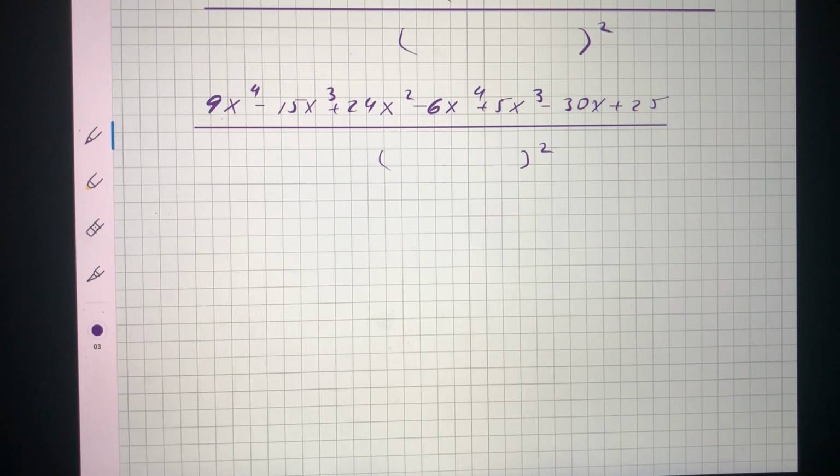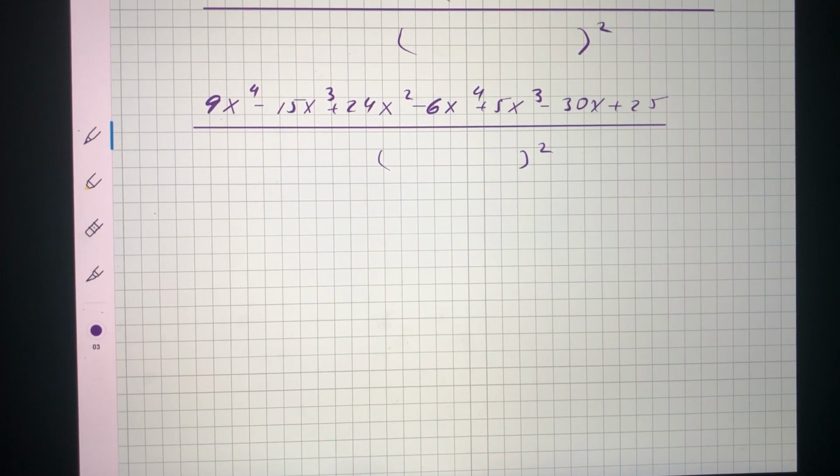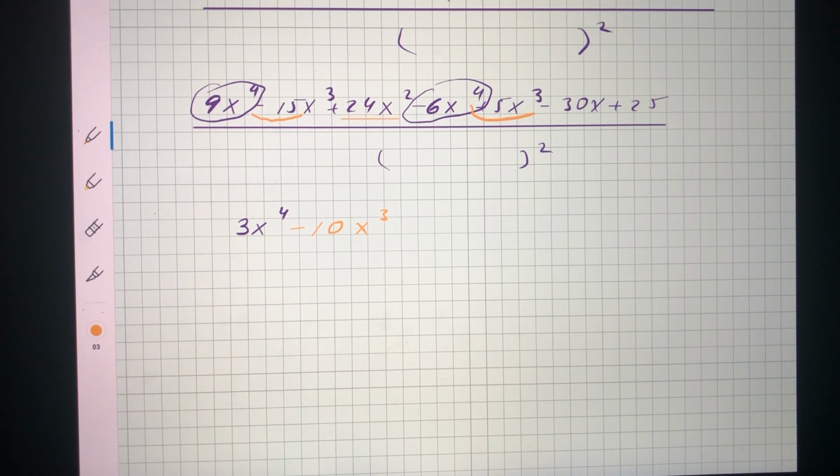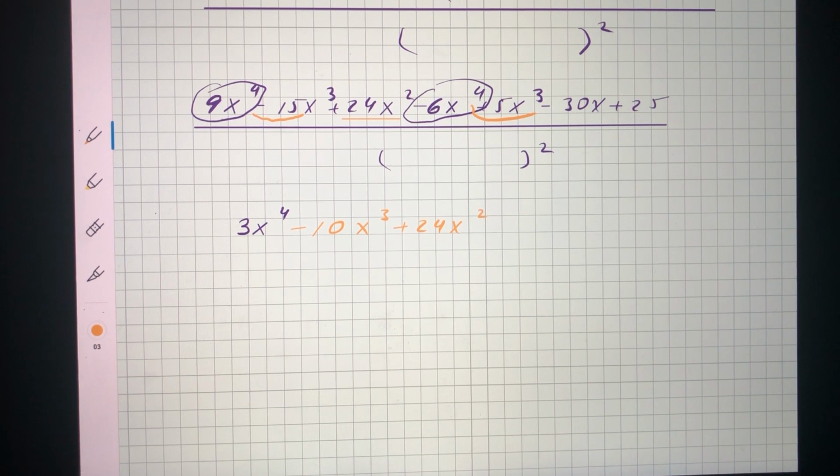Now combining like terms, we have 9x to the fourth with minus 6x to the fourth, which makes 3x to the fourth. Then we have negative 15x cubed and plus 5x cubed, which makes minus 10x cubed. Then we have the squared term. There is only one piece with a squared term, so that's plus 24x squared.